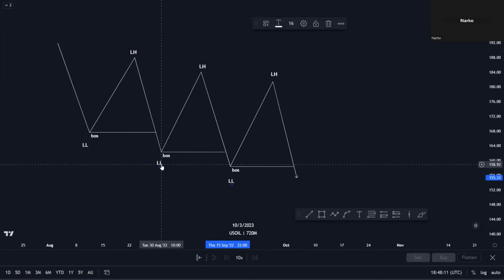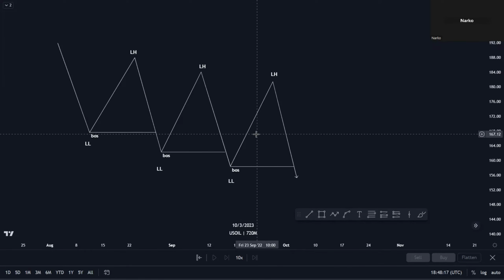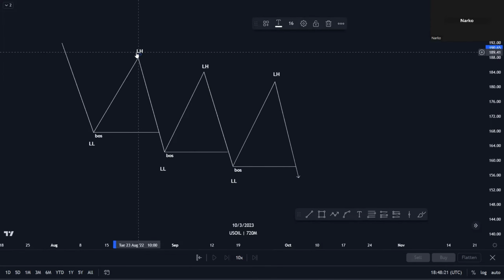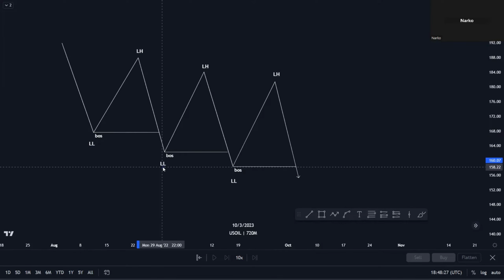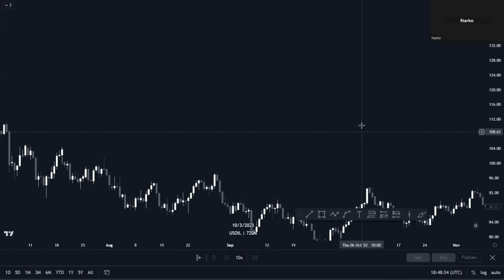So now this is the kind of structure we'll be looking for in a bearish trend, whereby price is respecting our lower highs and violating our previous lower lows. Okay, so now moving onwards to our real market example.